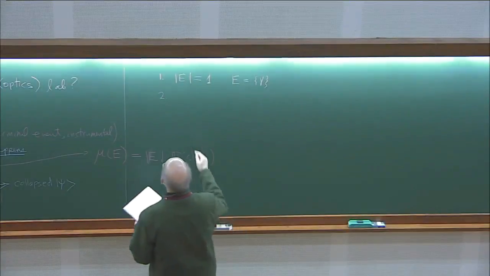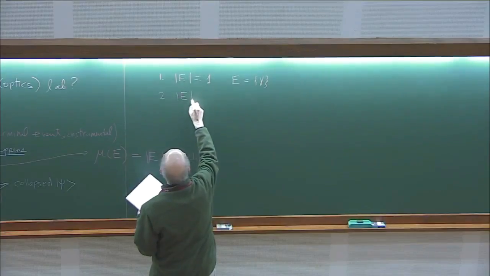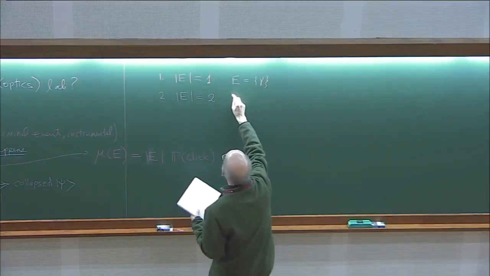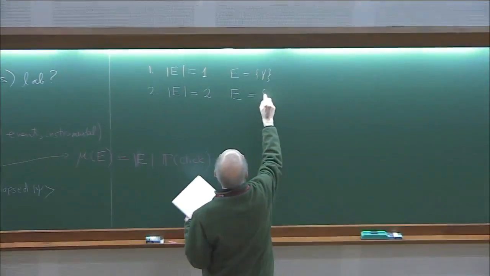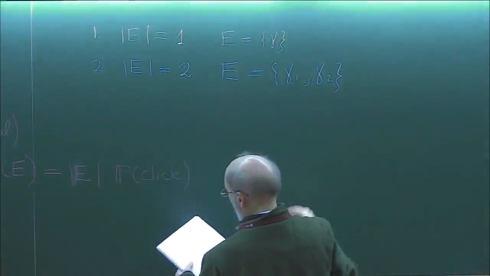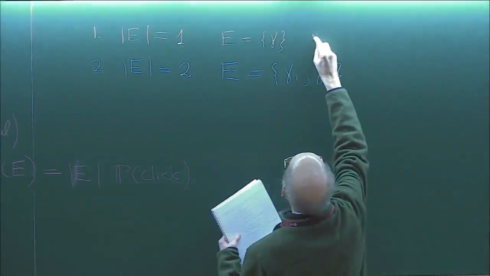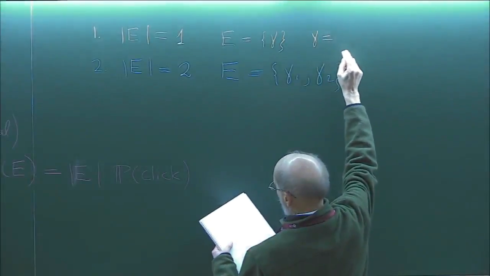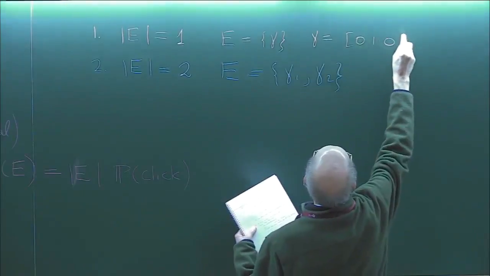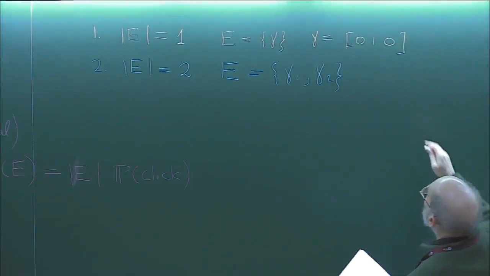The second case I'll look at is where the event, again, is very simple. It consists of only two histories. So E is equal to, say, the set containing gamma 1 and gamma 2. Specifically, I wanted a particular history, just for concreteness. We don't need more than two beam splitters here to illustrate this.